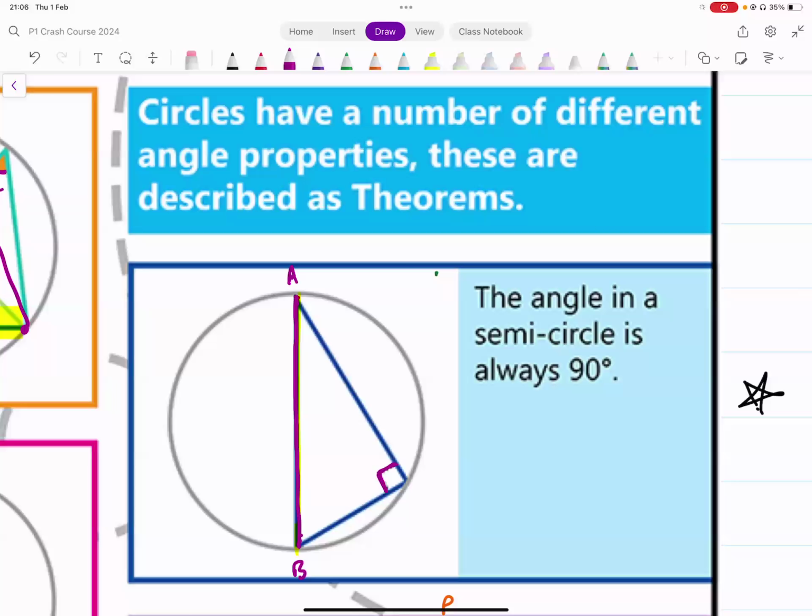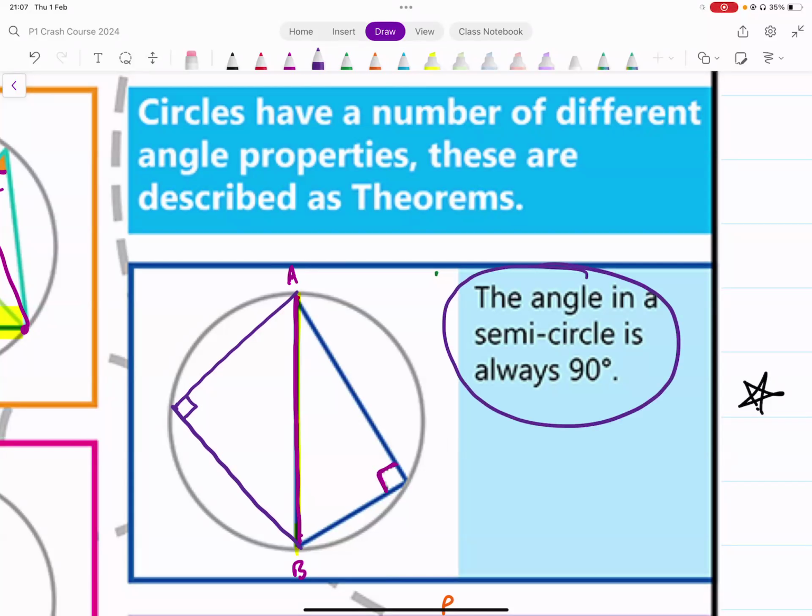So angle made by the diameter AB on the circumference like this is always 90 degrees. Okay, you could make another angle here like this. This is also 90 degrees. So any angle made by the diameter on the circumference is always 90. Okay, so this is what you need to remember.